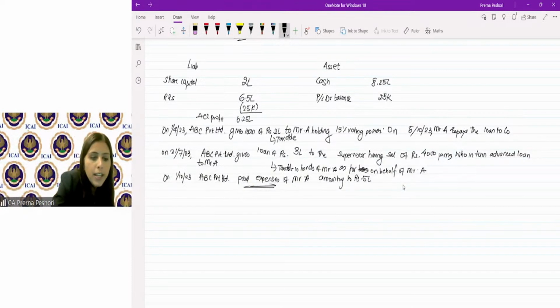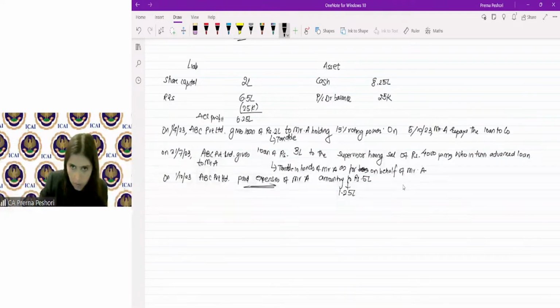Out of 6.25 lakh, 2 lakh is already considered and 3 lakh is considered, so only 1 lakh 25,000 is taxable to the extent of accumulated profits.